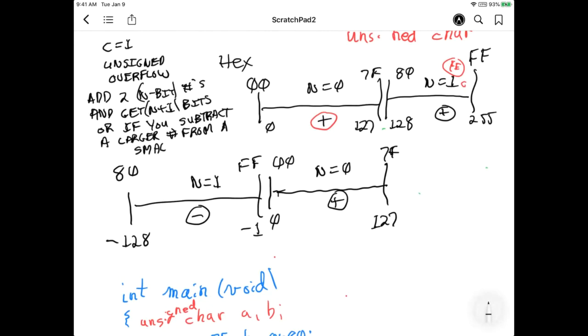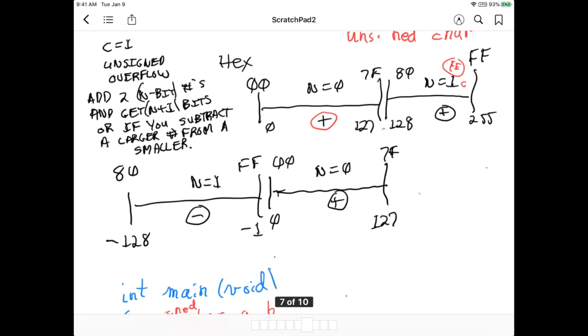In both cases, and we've seen both of those in the examples, that's an unsigned overflow, and the result is not valid in that number system. So if you've got two 8-bit numbers, that means if I add two chars and I get one extra bit, that's a problem. Anytime you subtract a larger number from a smaller number, that's a problem.